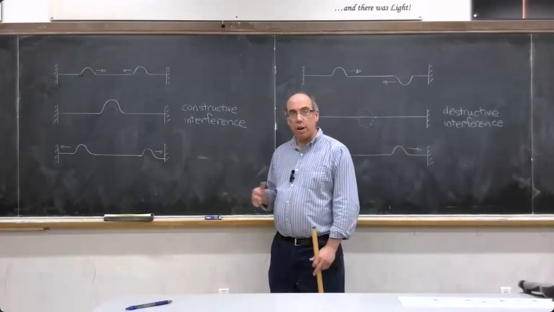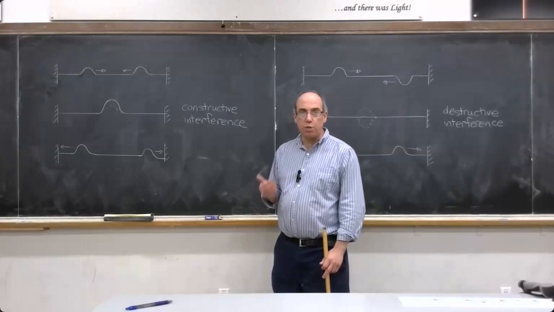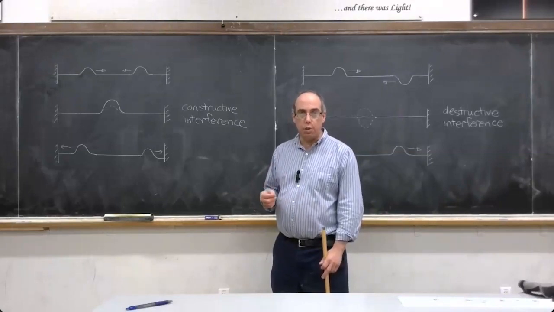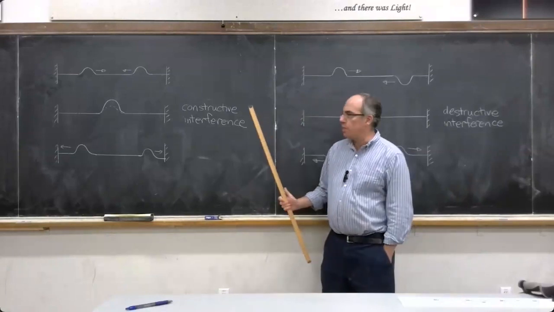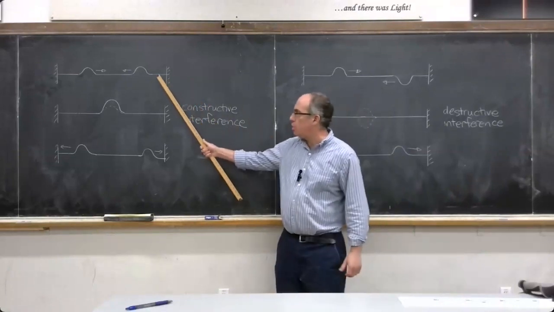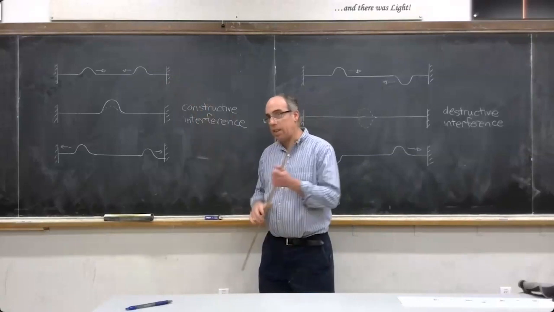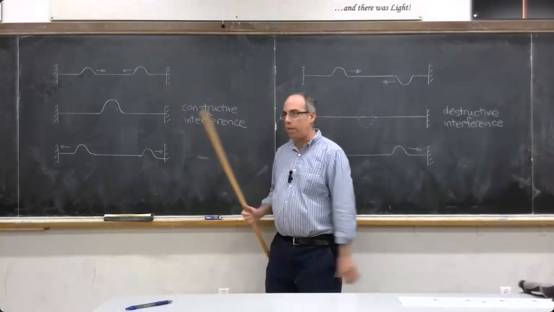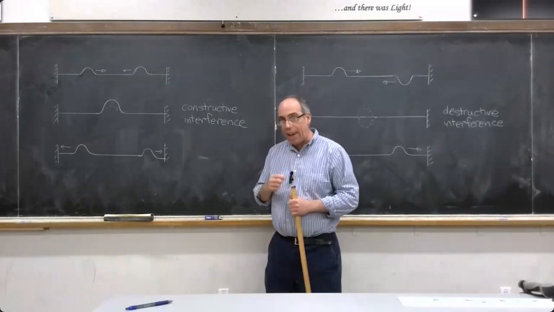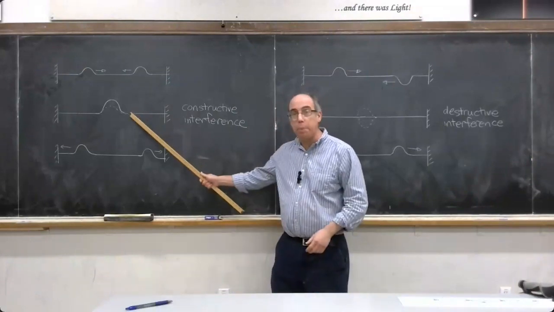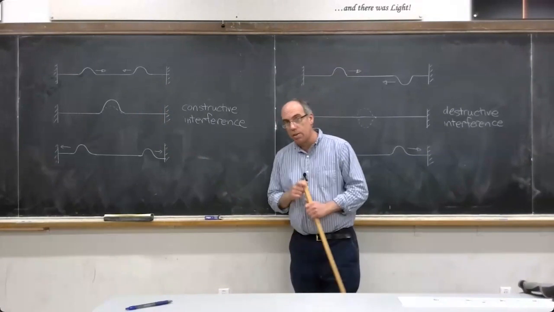On the board here, I've sketched out the two demonstrations that I just showed you using the wave machine. In the first part of that demonstration, we had two up bumps propagating in opposite directions along the wave machine. And then when those bumps overlapped, they added together to give a bigger wave disturbance.